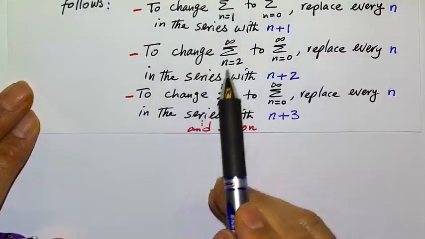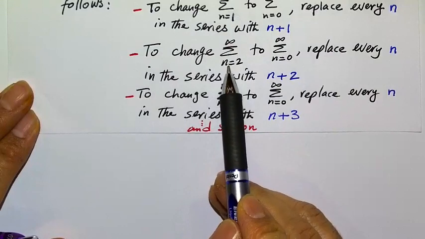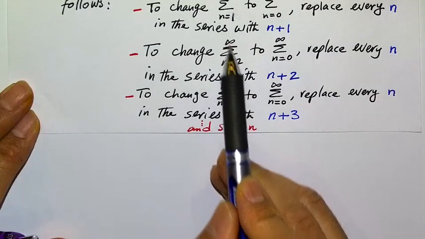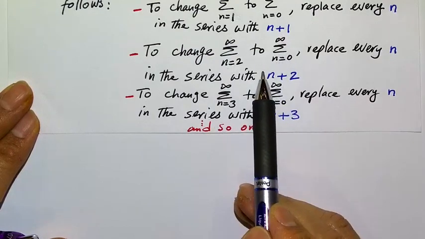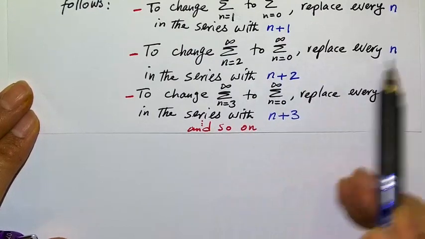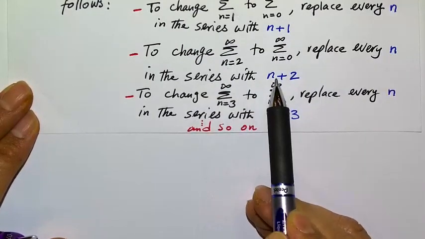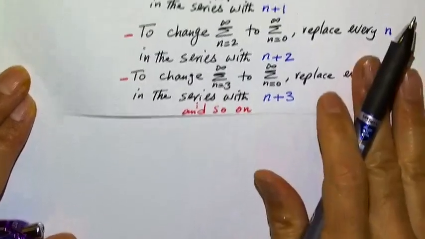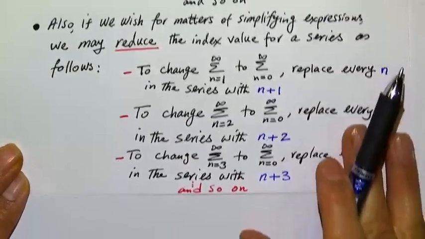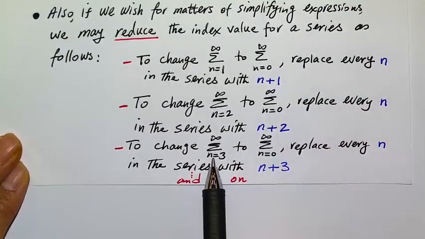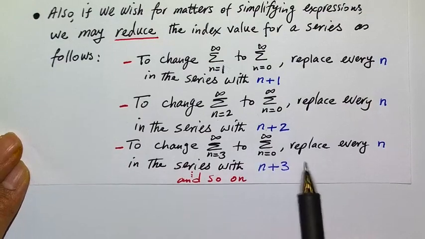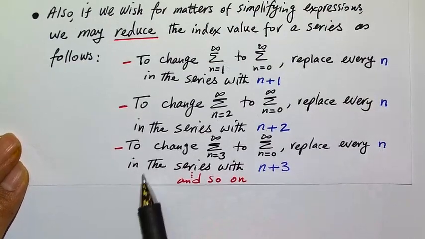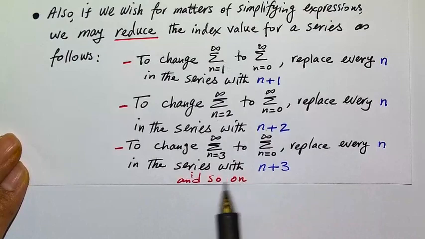To change from a series with the index going from 2 to infinity to one going from 0 to infinity, replace every n in the series with n plus 2. To change a series with index equals 3 to infinity to one going from 0 to infinity, replace every n in the series with n plus 3, and so on.